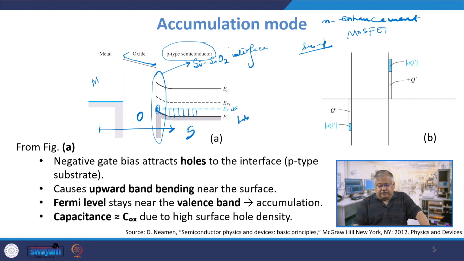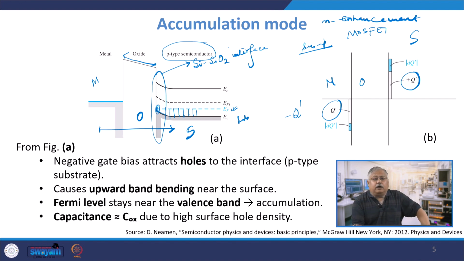Let us come to the right hand side figure here. So, this is my oxide, this is metal and this is semiconductor. I have applied a negative bias, meaning that I have applied a potential which is negative, and therefore, there were initially minus Q prime charges because of the negative bias, because of which the semiconductor will have plus positive Q charges.